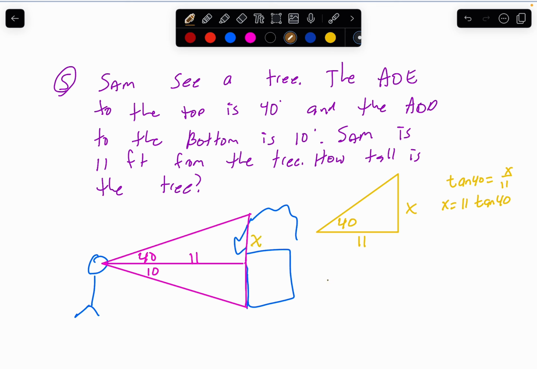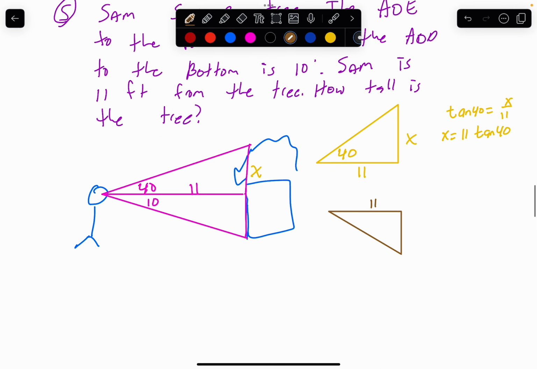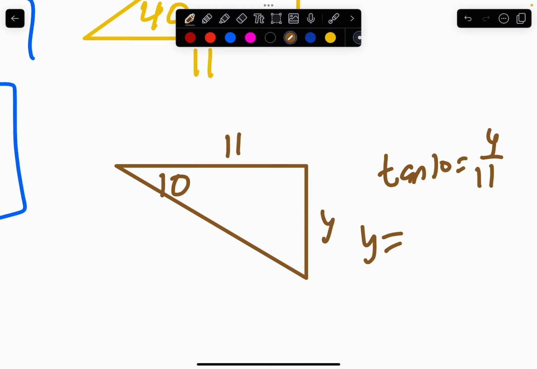Well, then we got to work on from his eyes down. This angle of depression, we have 11 feet still, and we are 10 degrees for our angle of depression. I'm going to call this y, so the tangent of 10 equals y over 11, so y equals 11 tangent 10.